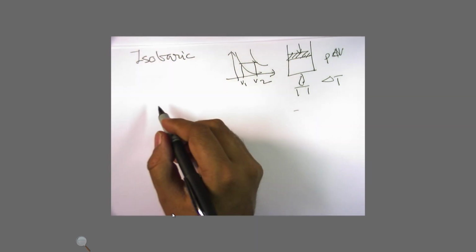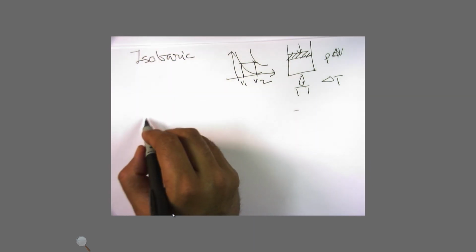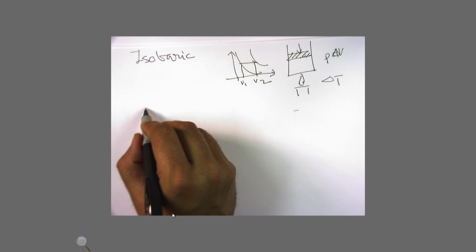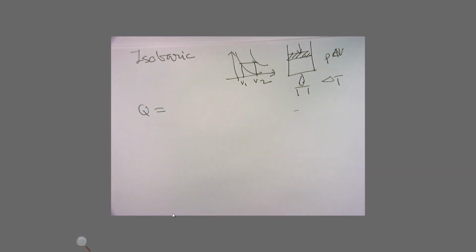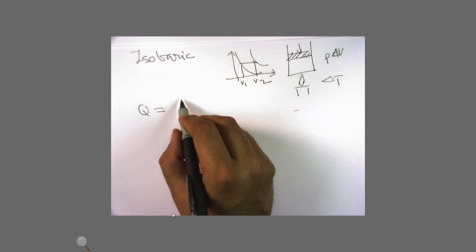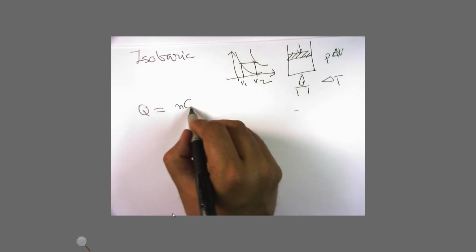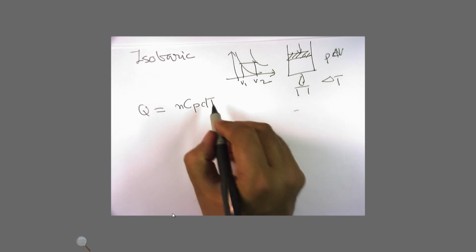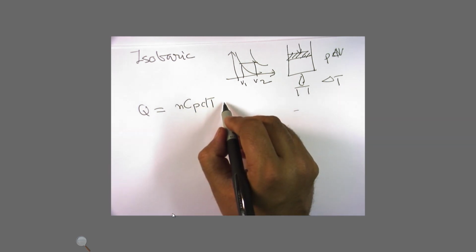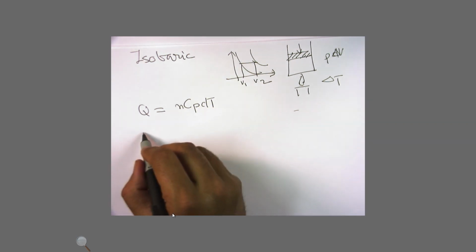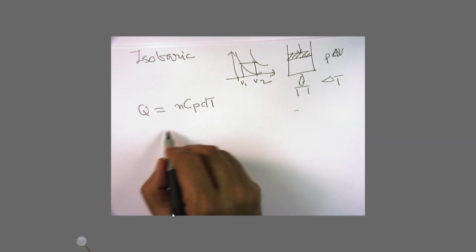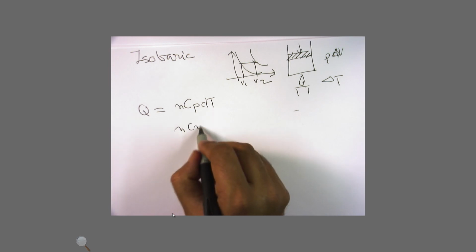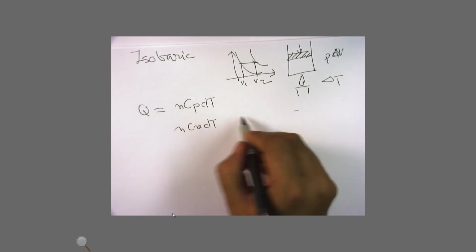So, now for the isobaric situation, Q has two components, we are providing both heat as well as work. So, in that case we are looking at n Cp dT, because this is at constant pressure, and also we are looking at the heat that is supplied with the work, which is n Cv dT, where the volume is being kept constant.